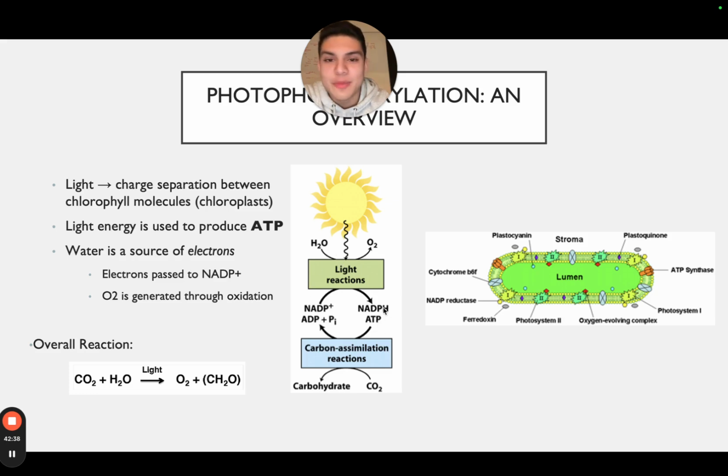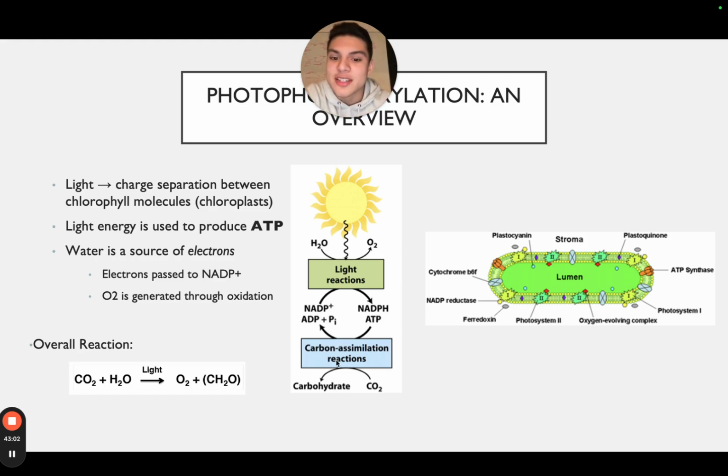We haven't formed the glucose yet. This is just saying, hey, we've got the power to make glucose now. That's what the light reactions are doing: we're saying, sun, thank you for giving us all the energy. We're going to use that to create a high energy electron carrier, and also high energy molecules that are going to be able to create these very long-term storage carbohydrates. That's all it is.